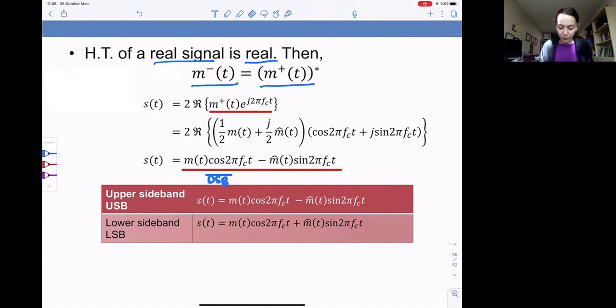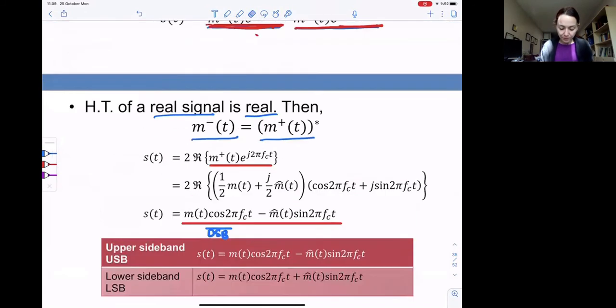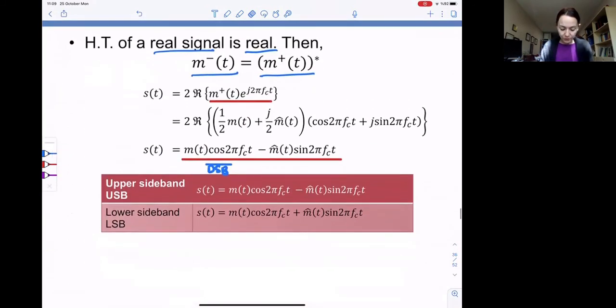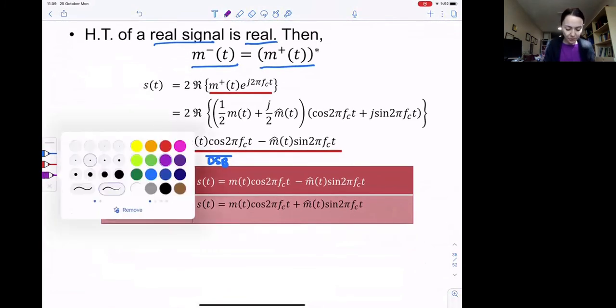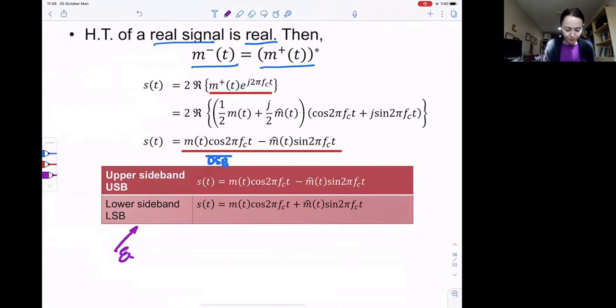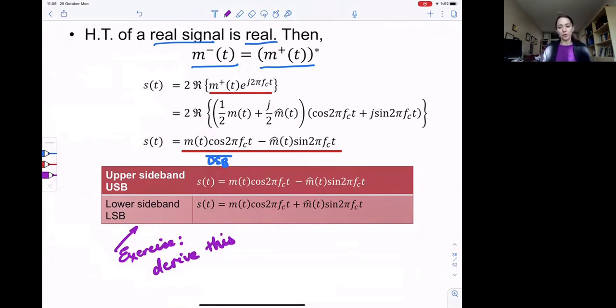We've done everything for the upper sideband, by the way. We could have repeated it for lower sideband. So as an exercise, derive the lower sideband expression, just the same way we've derived the upper sideband expression. Any questions?